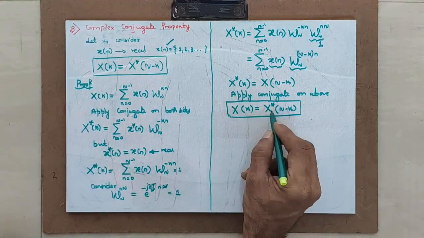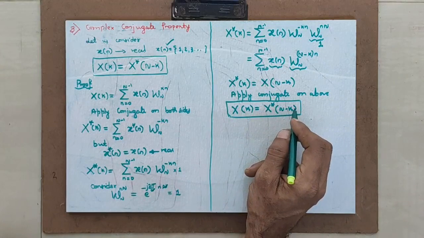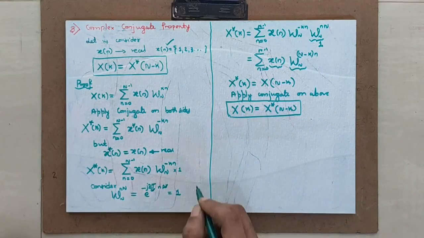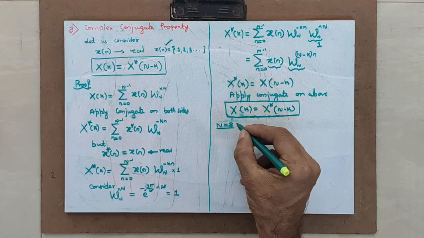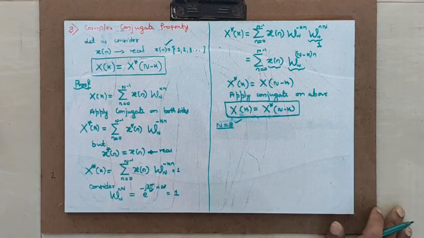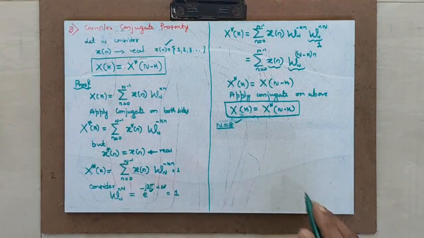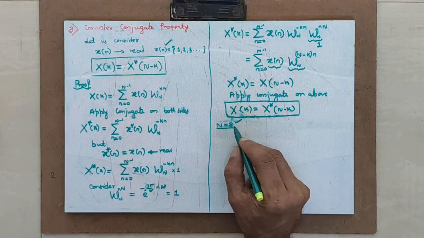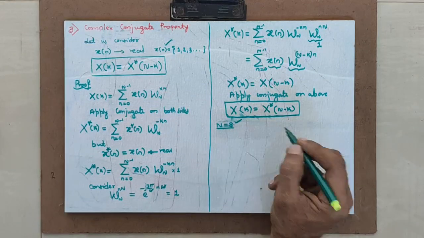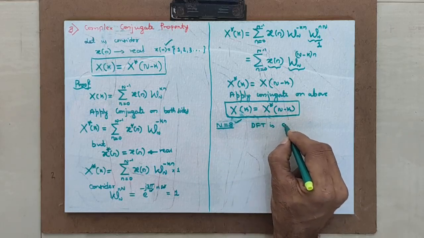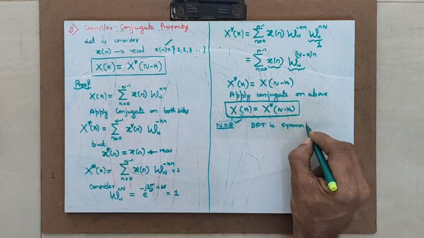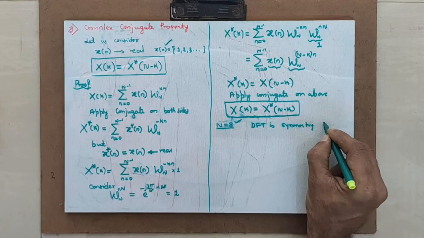The meaning here is it follows midpoint symmetry, conjugate symmetry. Let us consider N equal to 8. In N equal to 8 there are 8 points, isn't it? Here N equal to 8, x of k or DFT is symmetric about N by 2.